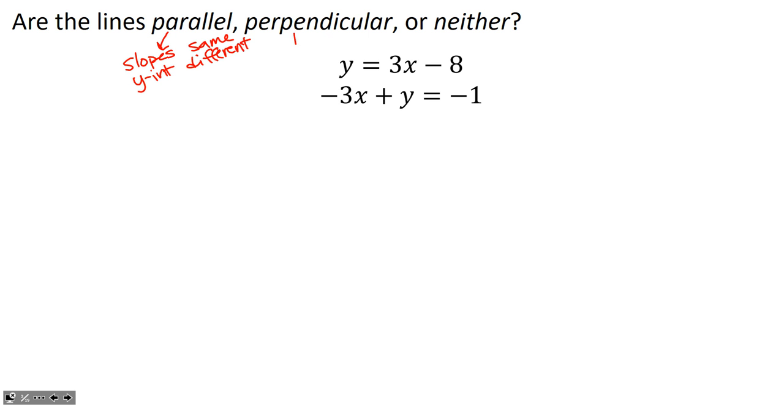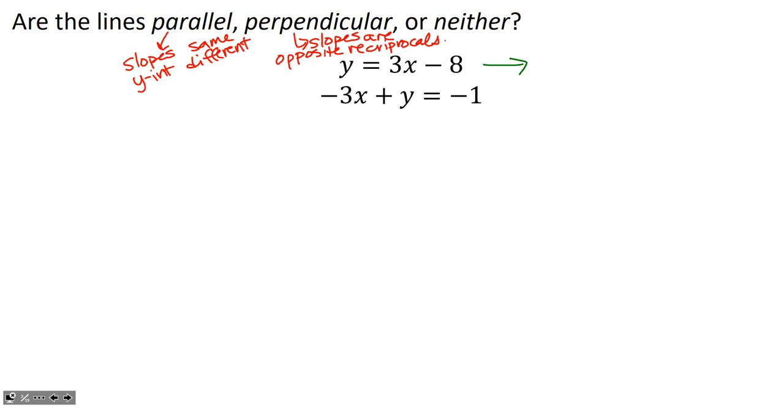If it's perpendicular, the slopes are opposite reciprocals. And remember, opposite reciprocal means change the sign, so one should be positive, one should be negative, and you flip the fraction. And if it's neither of those two things, then we say the lines are neither parallel nor perpendicular.